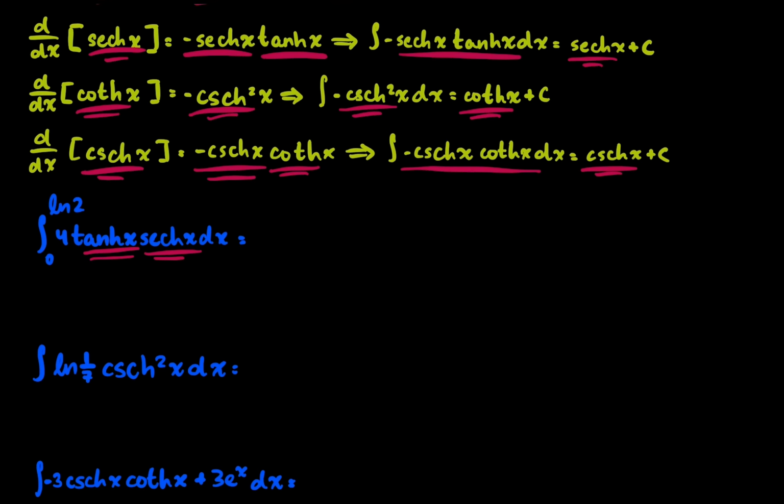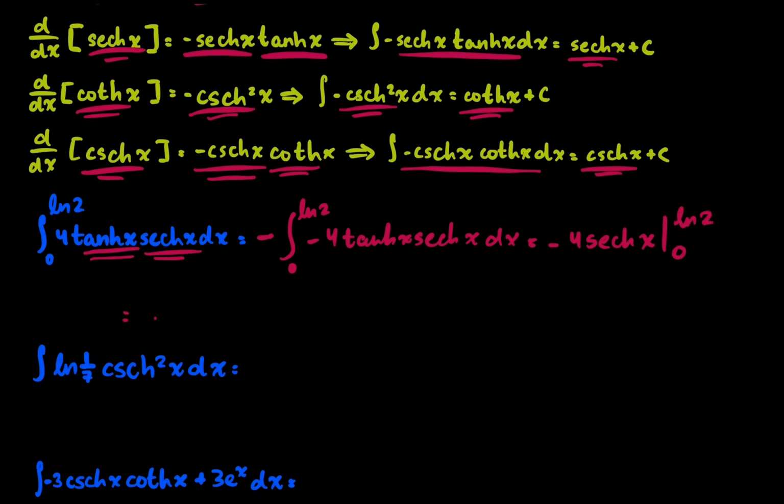If we want it to be negative, we can bring a negative sign out, and then we'll end up with the integral from 0 to the natural log of 2 of negative 4 tanh x sech x dx. So that's going to be equal to negative, and this entire thing becomes 4 sech x, evaluated from 0 to the natural log of 2. We can take the 4 out.